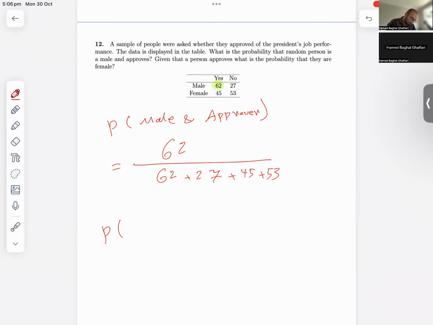So female given approver will be 45 divided by 62 plus 45, which is the answer of the second part of the question. Now, question 13.